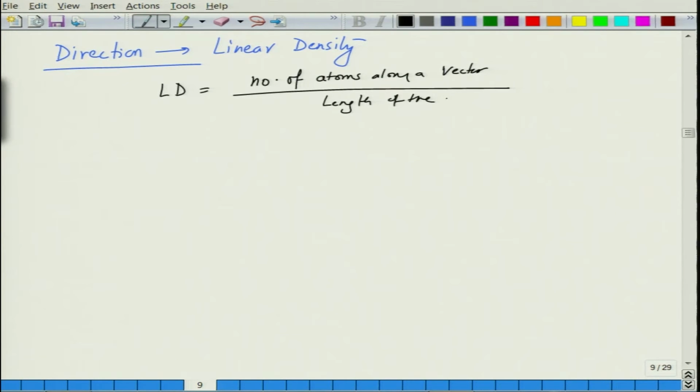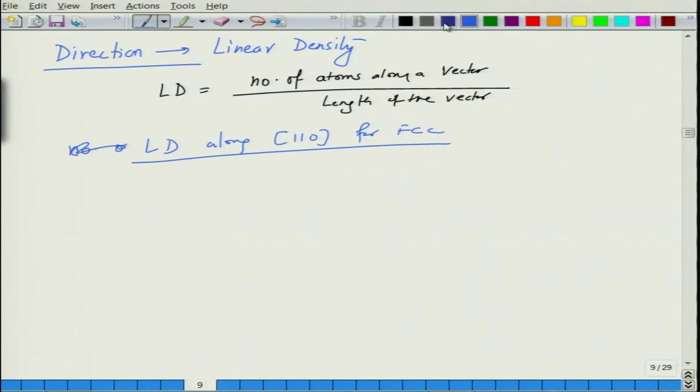So, basically number of atoms per unit length. So, let us say we want to calculate numbers. So, we want to calculate LD along 110 for FCC.